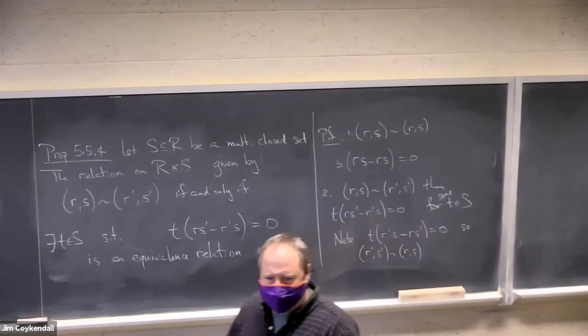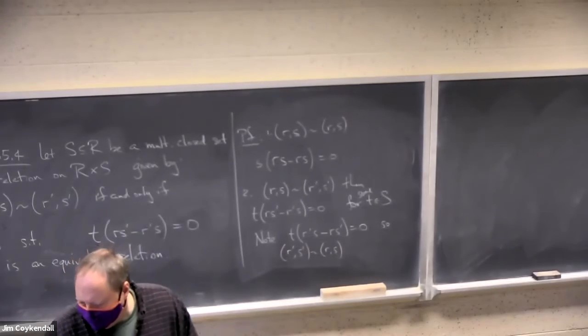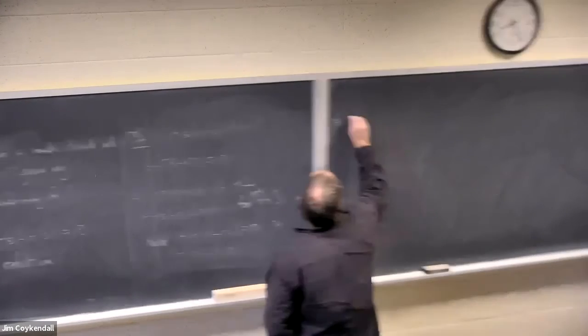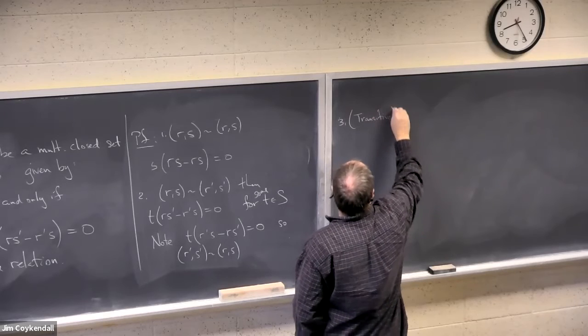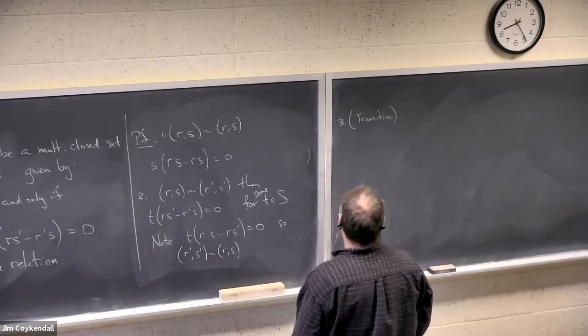The interesting part is the transitivity. And this one, I'm going to check my notes on this one for sure. The transitive case is the most interesting, and you will see why we do need that condition there.